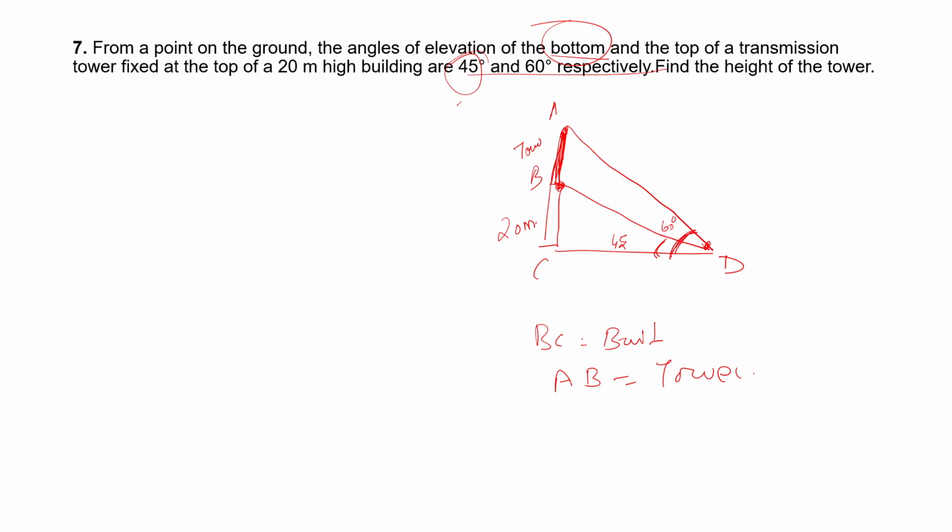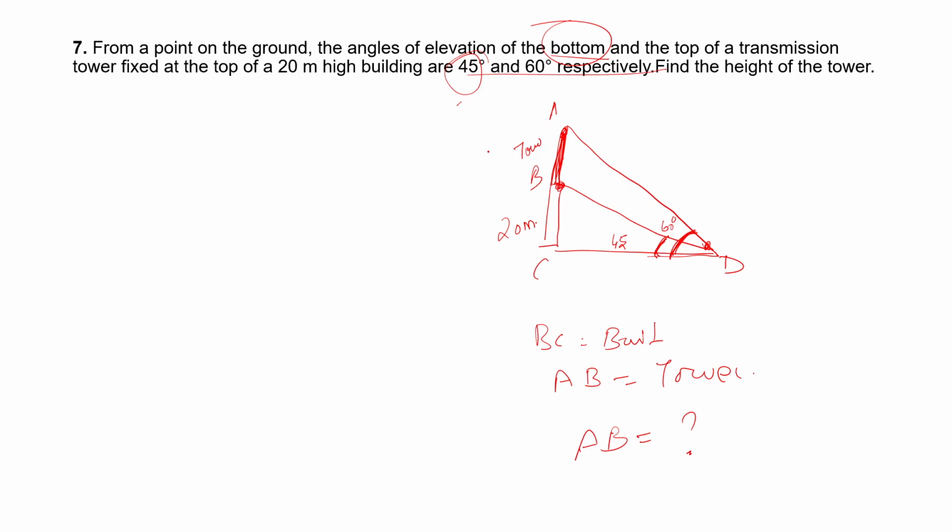You have to take the angle with the ground for both. Don't put 60 degrees here. Now, what do we have to find out? We have to find the tower height.